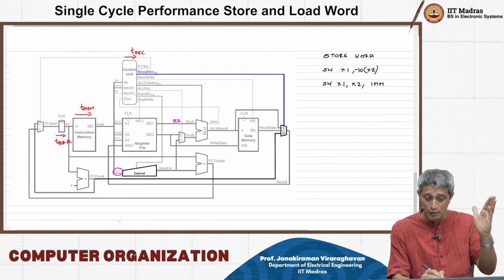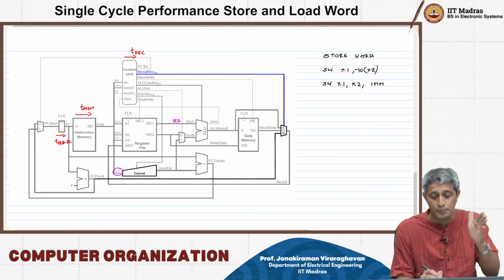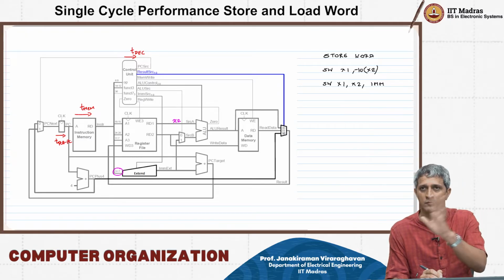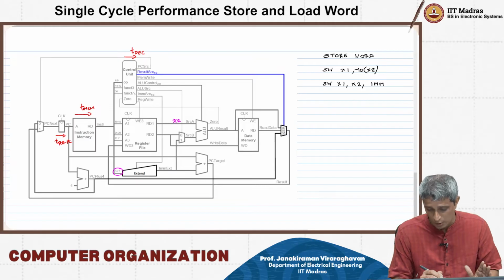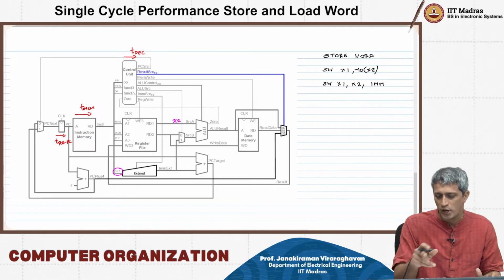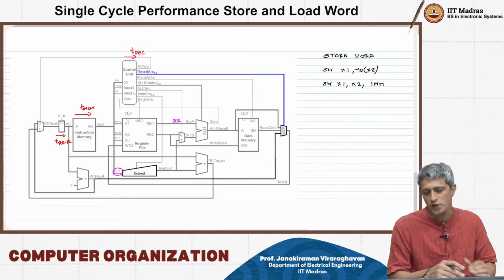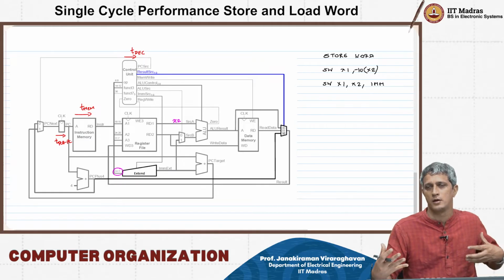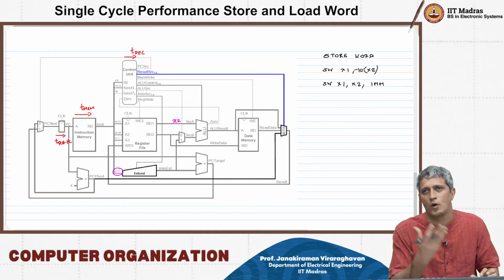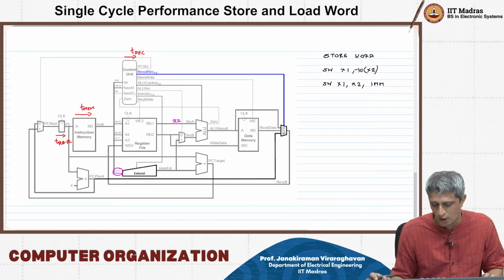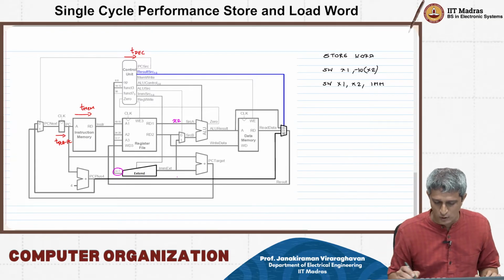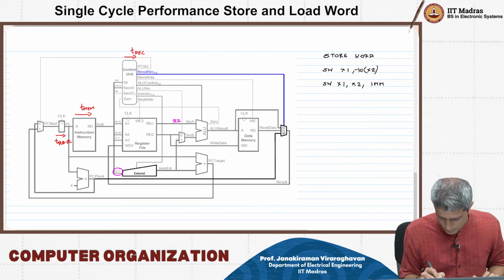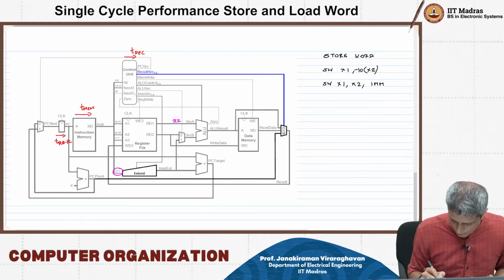And that was available at what point? Just TPCQ-PC plus TMEM. Just after that, that data is available, right? But it's going to take a T decoder time for you to decode and figure out who is this, what is the immediate source and how it should be interpreted, right? So therefore, you will have a T decode going through this guy.